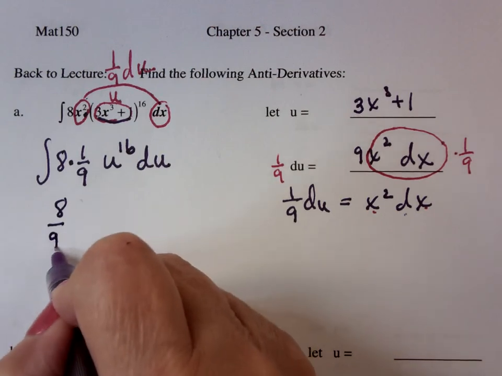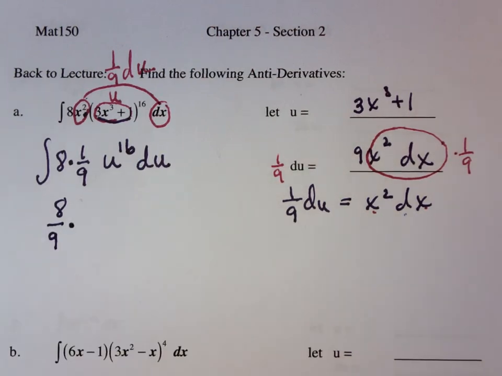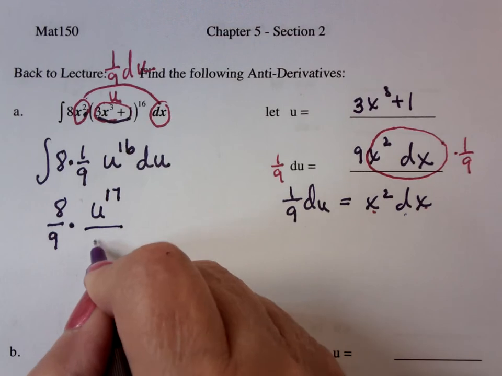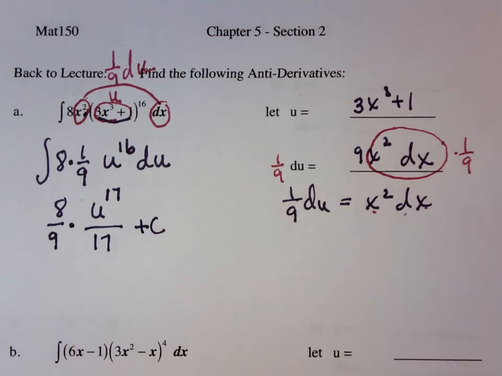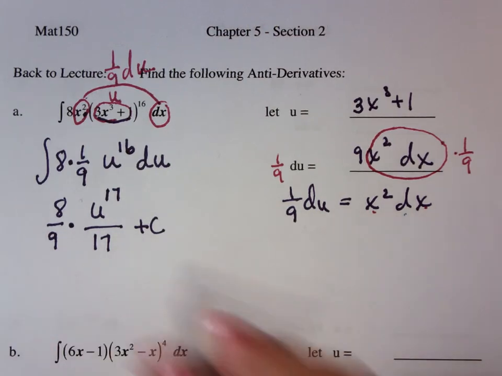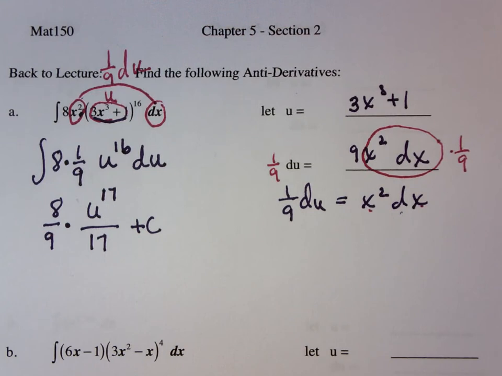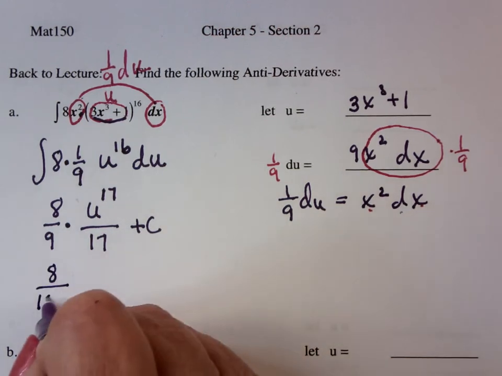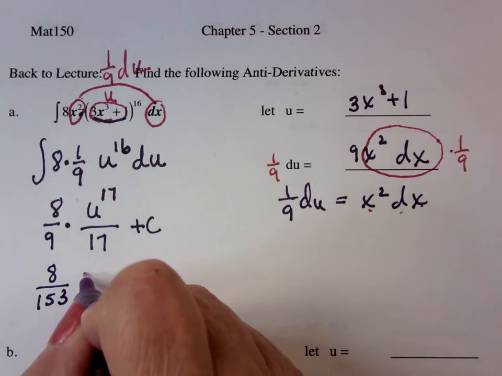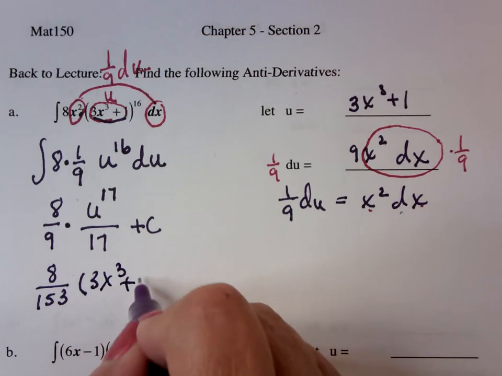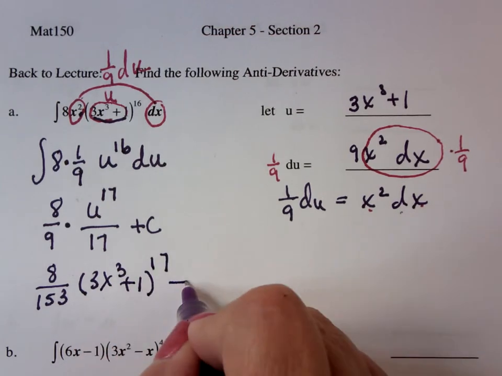So now I can perform this. It's 8/9 times, and what is the antiderivative of u to the 16th? u to the 17th over 17 plus c. Now if I want to multiply these things, I can. 9 times 17 is 153. So this is 8 over 153 times, what's u? (3x cubed plus 1) to the 17th plus c.